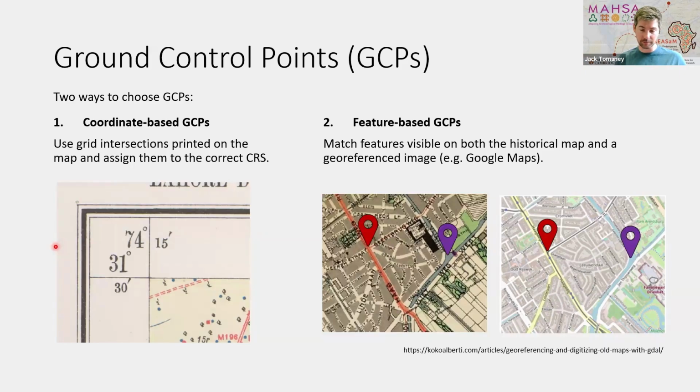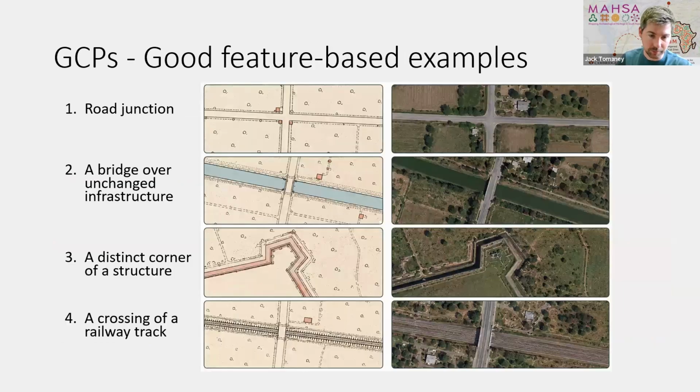And in our case, in MAHSA, although the Survey of India maps include coordinates, as shown in this image, we found that using good quality feature-based GCPs almost always produces a better alignment with modern imagery. The important thing is to use the method that gives the most reliable result rather than assuming one approach is always better. And as I said, today in our practical, we're going to be using both methods.